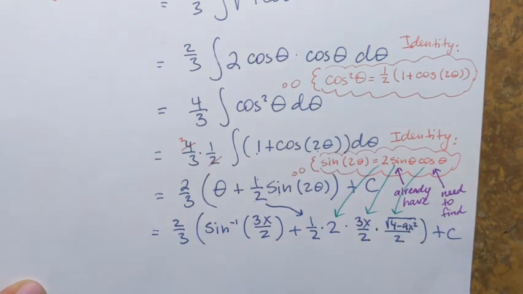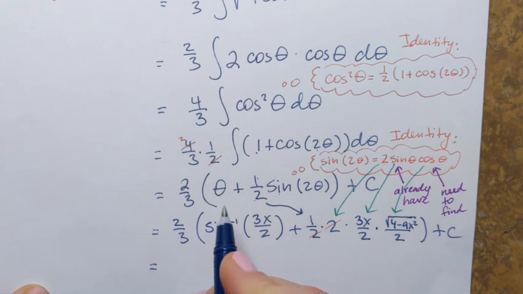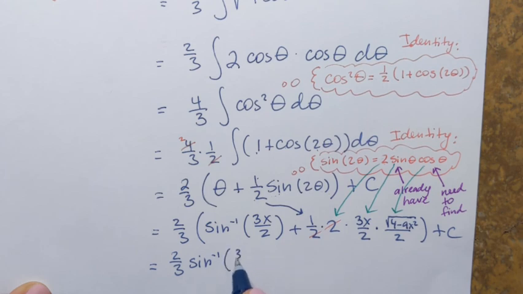Let's simplify this. I can see that those 2's will cancel, and let me distribute that coefficient. So 2/3 times sine inverse of 3x over 2, right? That's that part.